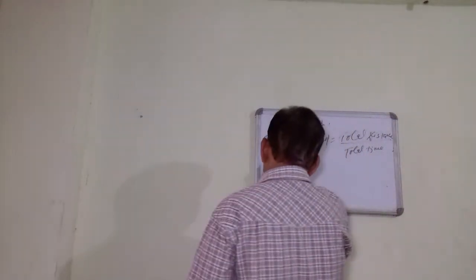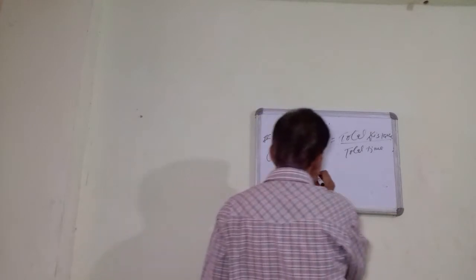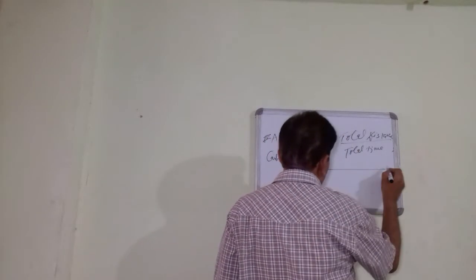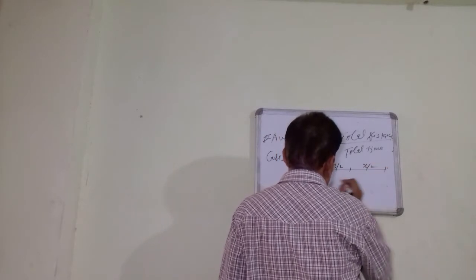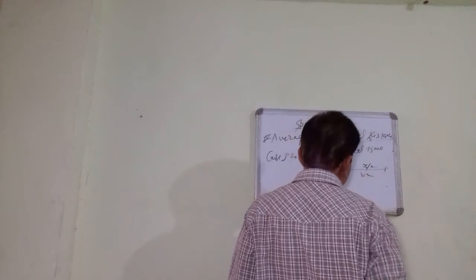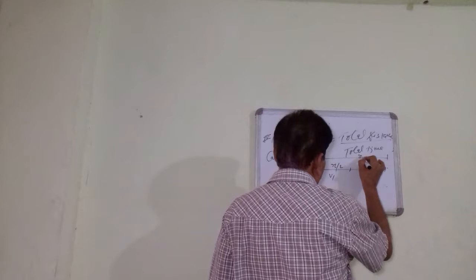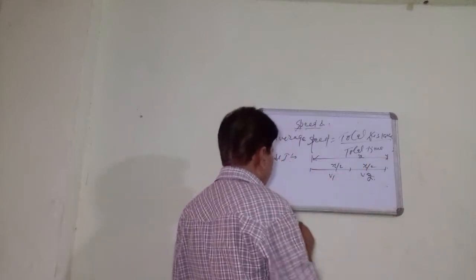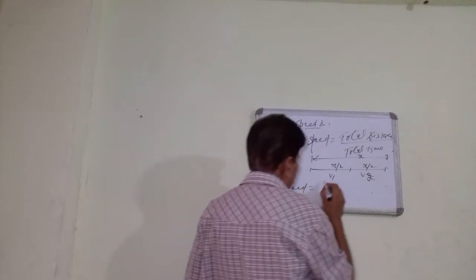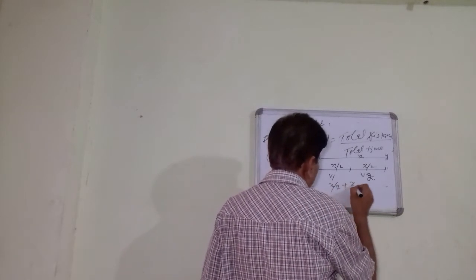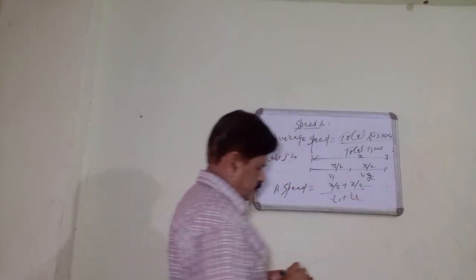Case first, a special case. If the body covers the first half distance x by 2 with velocity v1, and the next half with velocity v2, total distance is x, then average speed is total distance upon total time, that is x by 2 plus x by 2 divided by t1 plus t2.